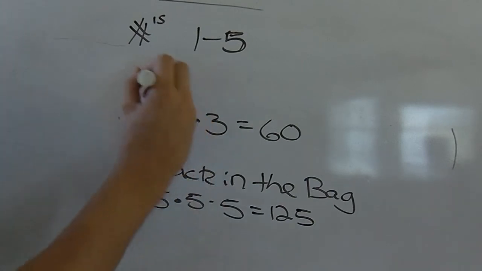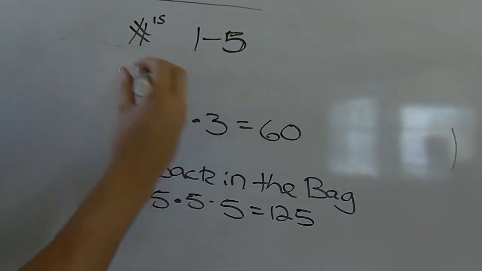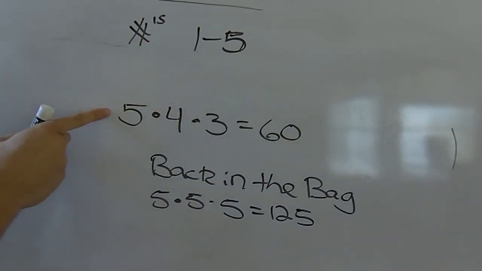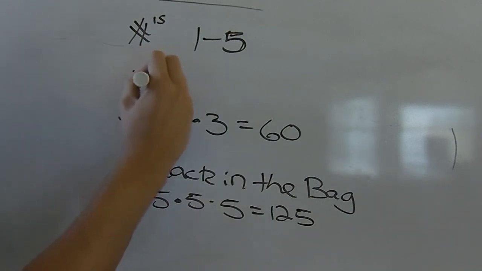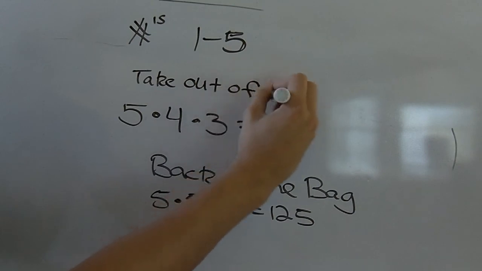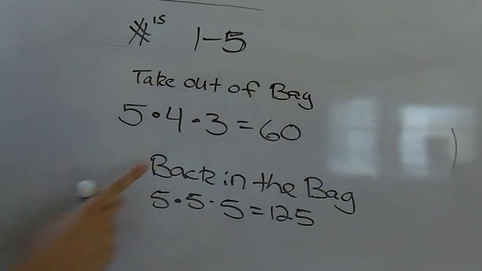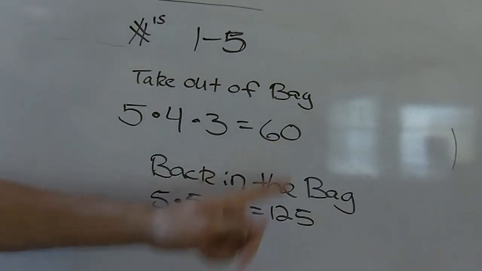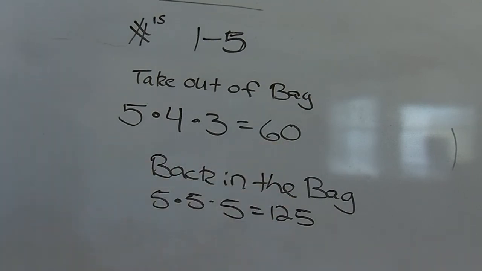Okay, so this is up here. This is when we take the number out of the bag and we don't put it back in, and this is when we put it back in the bag. This is how it changes the number of outcomes. Okay, this is also how it changes what you do with the fundamental counting principle.